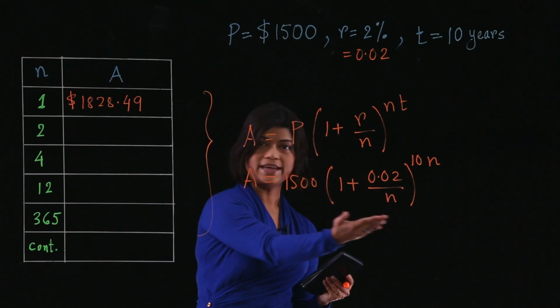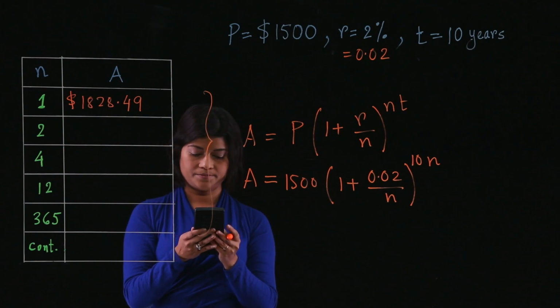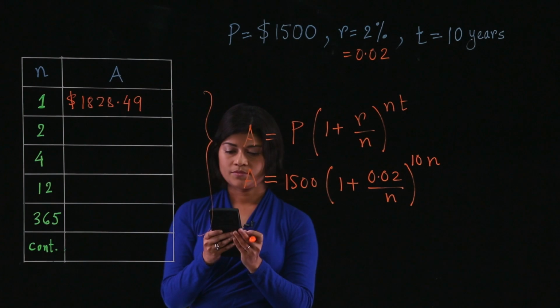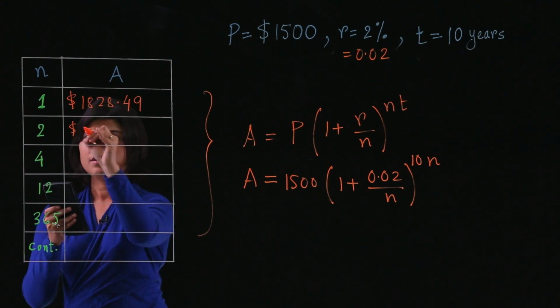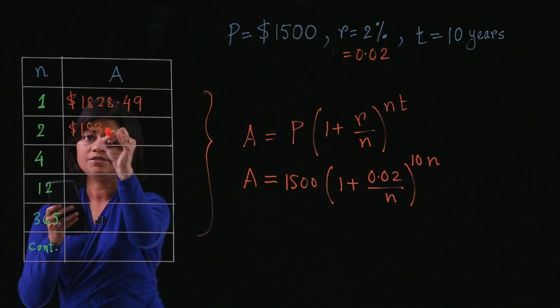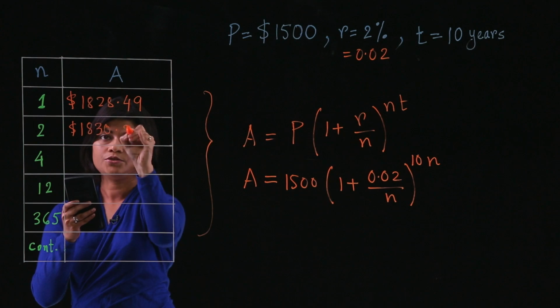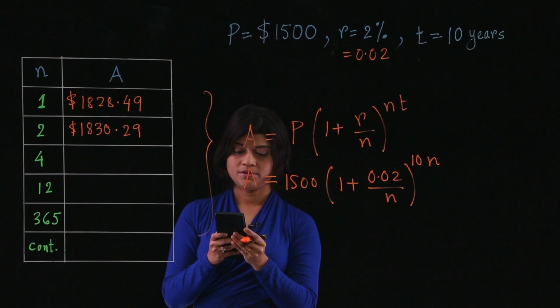Next, you plug in n equals 2 in the same formula. So let's do that. So when n is 2, balance is $1830.29.